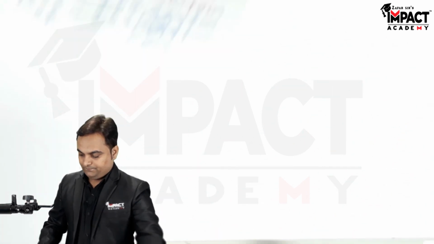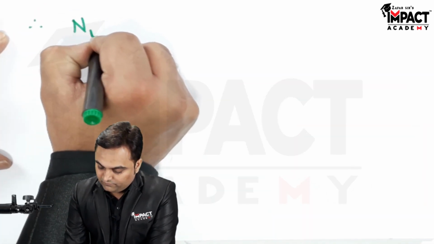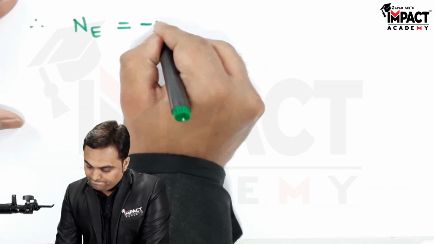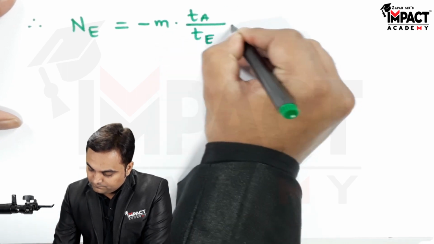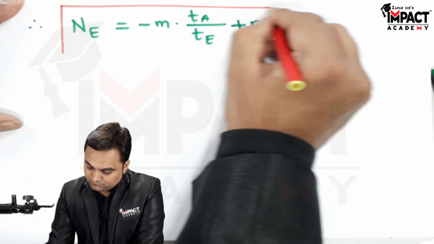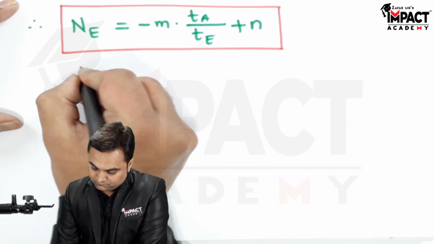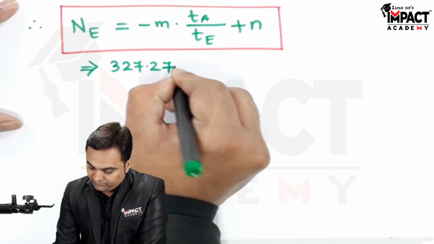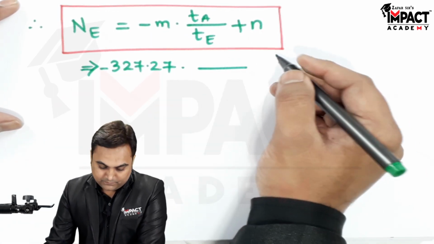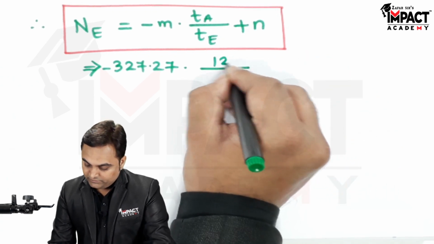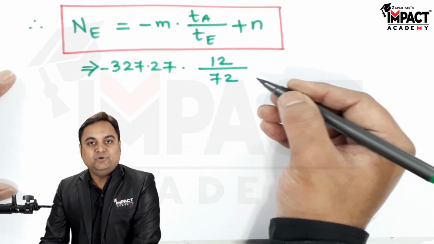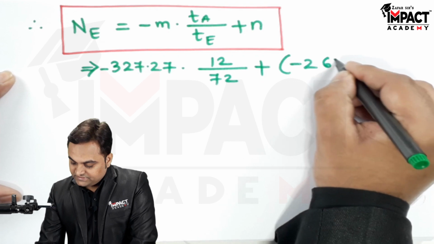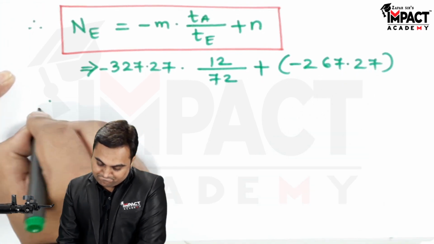Similarly, I'll get the speed of the annular wheel E, which has been asked. So NE from the table is minus m TA by TE plus n. M value is 327.27 and here we have a negative sign. TA is 12. TE came out to be 72. We had calculated it. Then plus n value is minus 267.27.